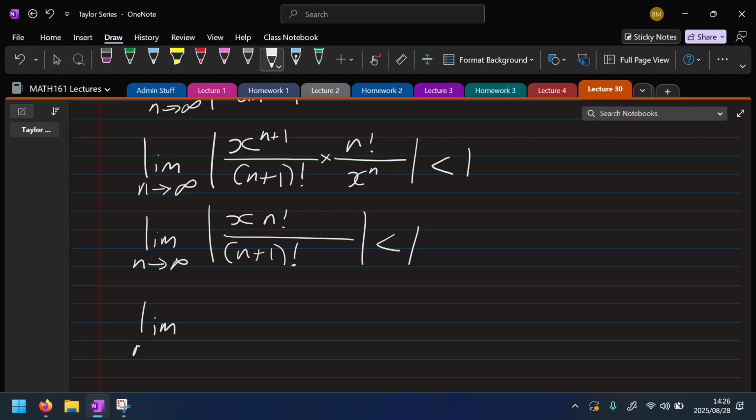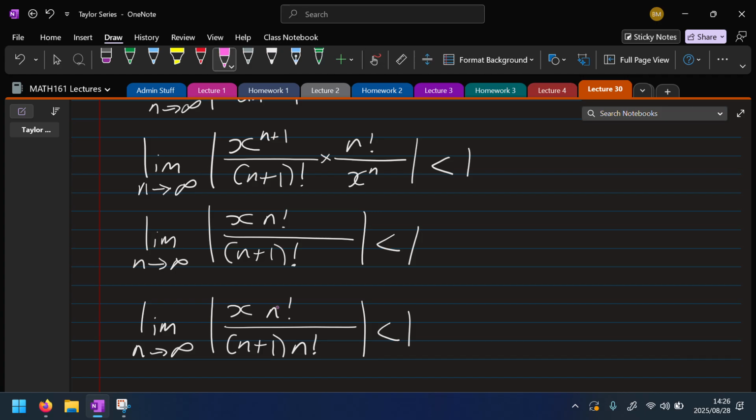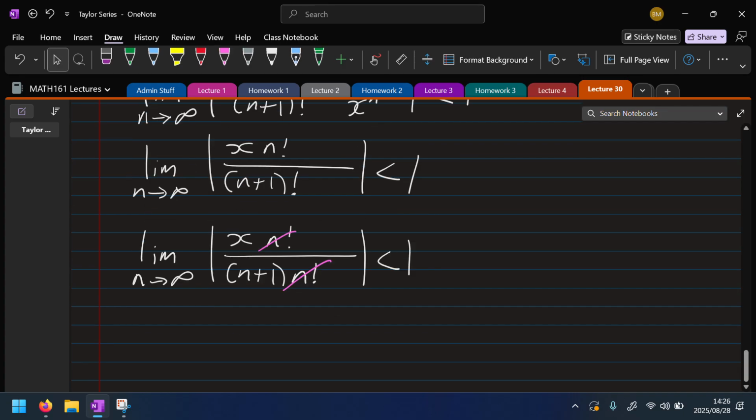So that will be the limit as n goes to infinity. So we still have the x there. We still have the n factorial. But this bottom part will be n plus 1, and then n factorial. Okay. So the factorials, they can cancel. Then the x we can take out, and then we can do the limit.